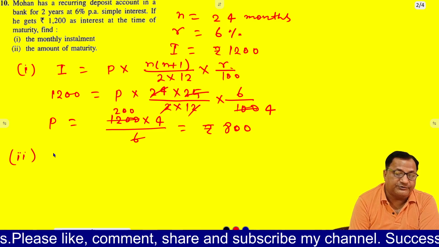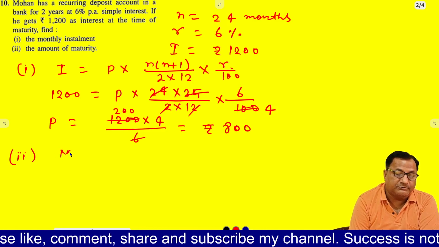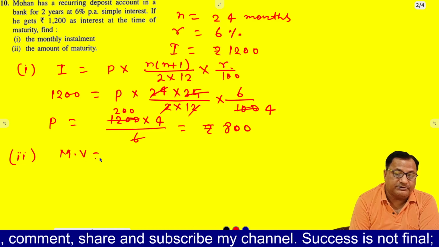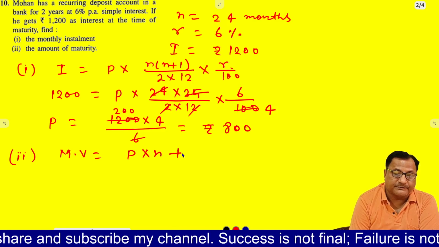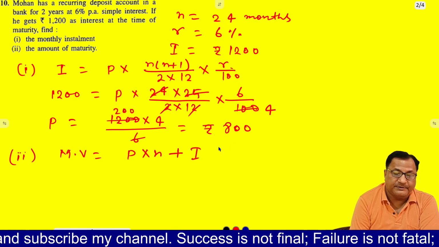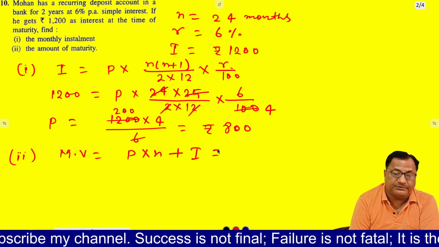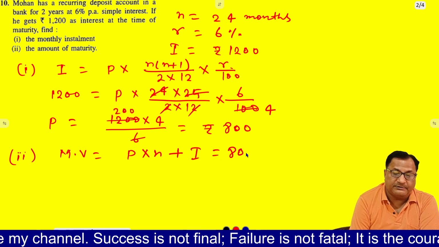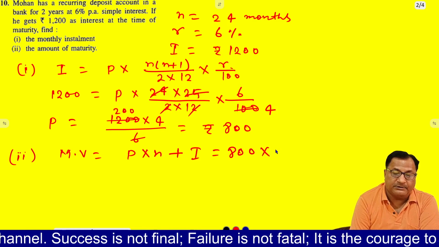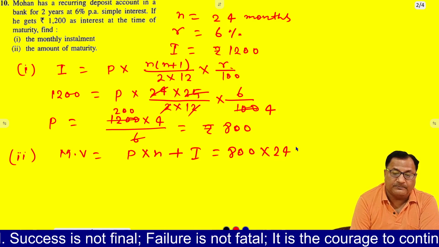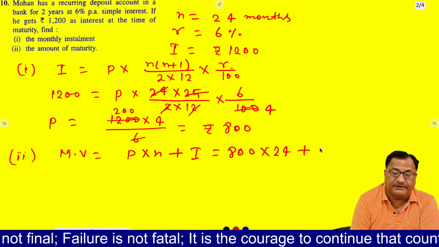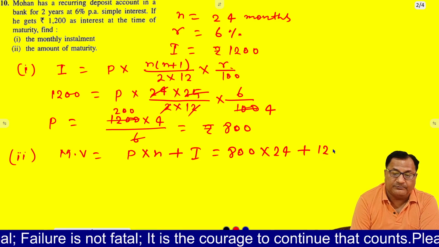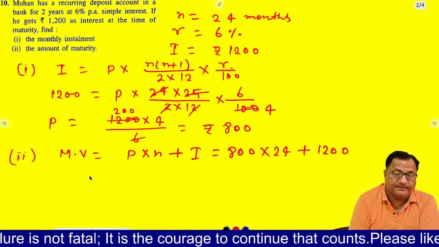Now number 2, the amount of maturity. Amount of maturity is equal to P into N plus I. So P is given 800 into N 24 plus I is given 1,200.